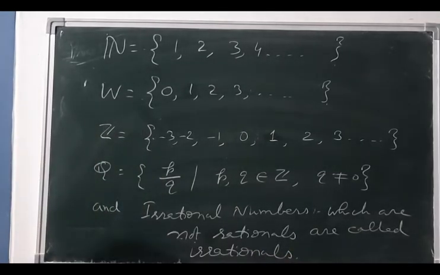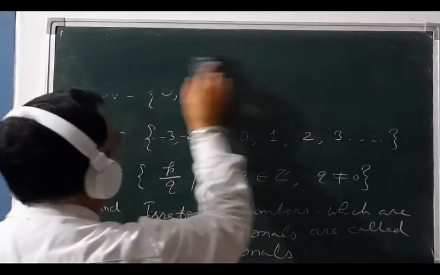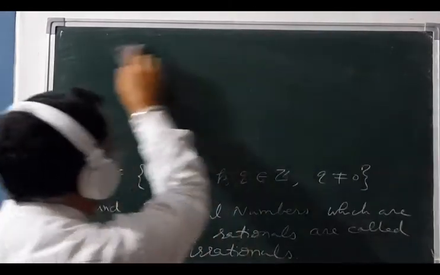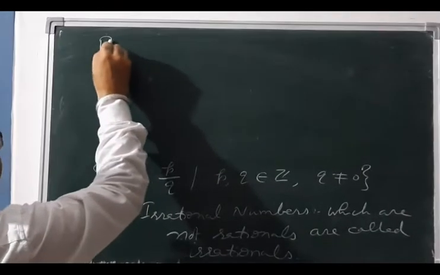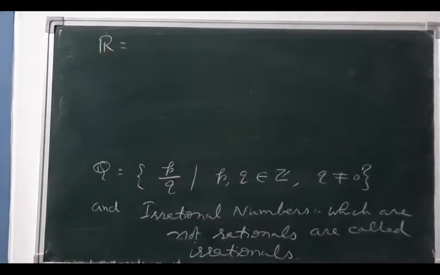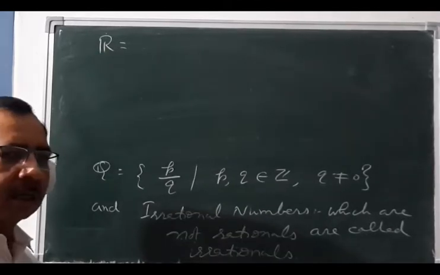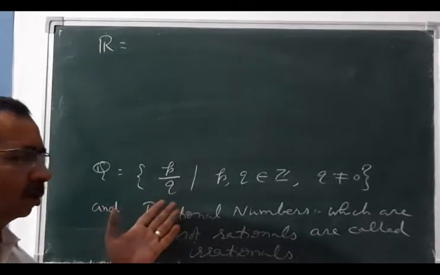Then finally the set of real numbers, which is the topic of our study. It will be denoted by R. Real numbers are the numbers which are either rational numbers or not rational numbers.